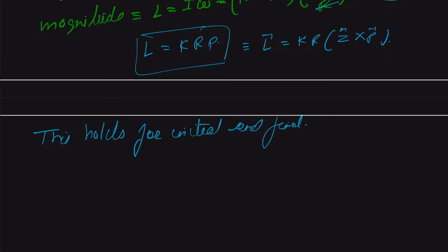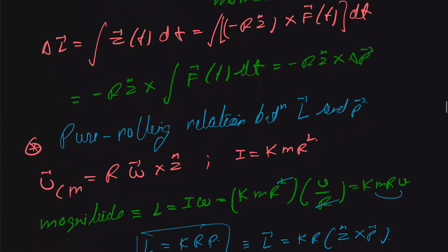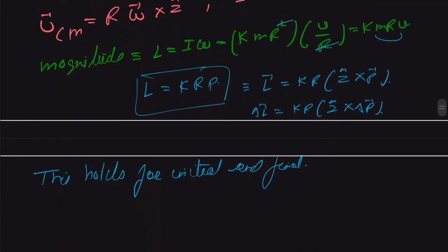Let me rewrite this expression in terms of our change. That is quite simple. We can write this as k r z cross our change, and we have two equations for this. This is the first equation and this is our second equation. So we can simply equate them.